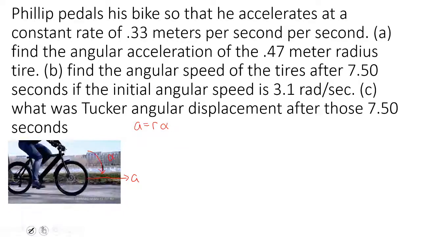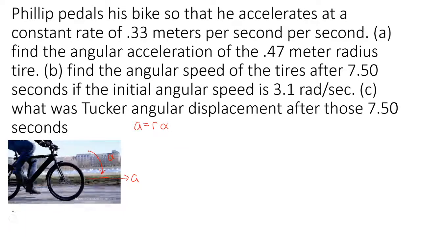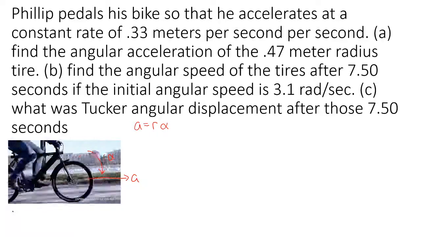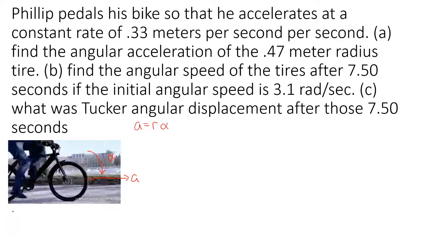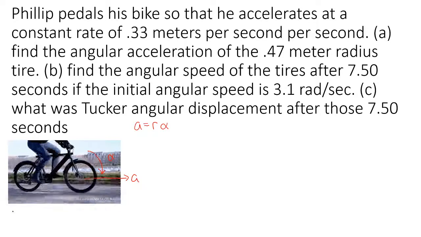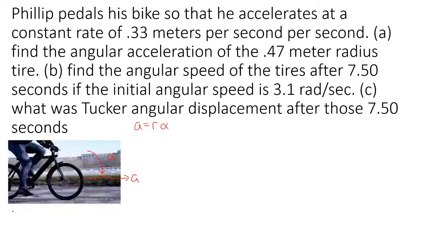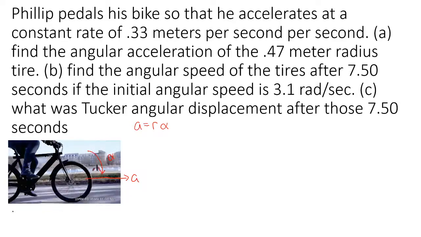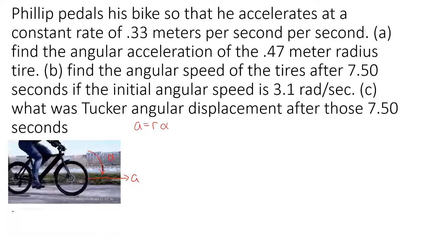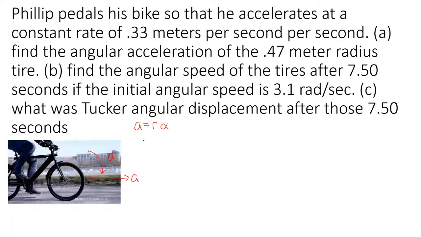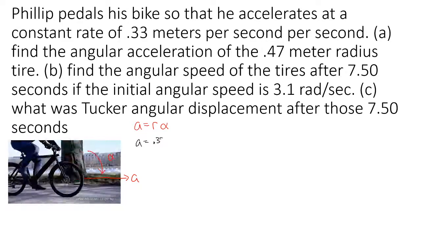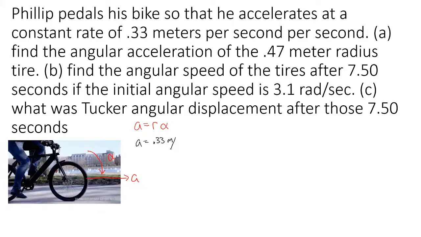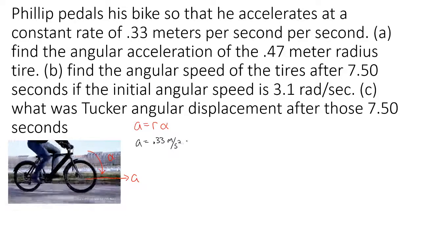And so as we start this problem, we want to pay attention to some things. The first one is that it says here, Philip pedals his bike so that he accelerates at a constant rate of 0.33 meters per second per second. So I'm going to say that his linear acceleration is 0.33 meters per second squared.